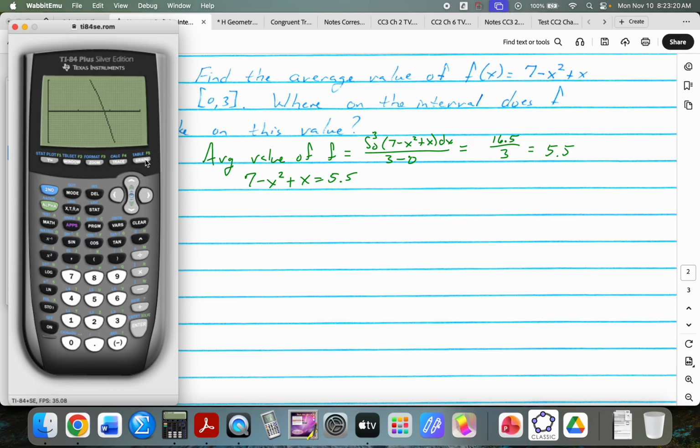And apparently there's only one place, it looks like it's about 2.87. Let's see if that's at all right. Find the 0. Oh, sorry, 1.87, not 2.87. So for my left bound, I'll use 1. For my right bound, I'll use 2.